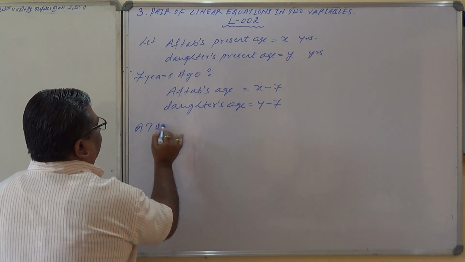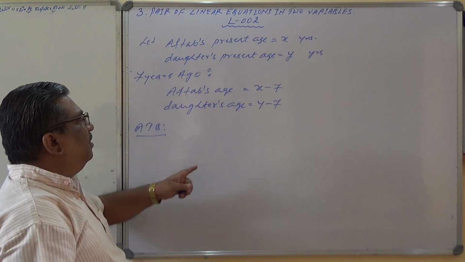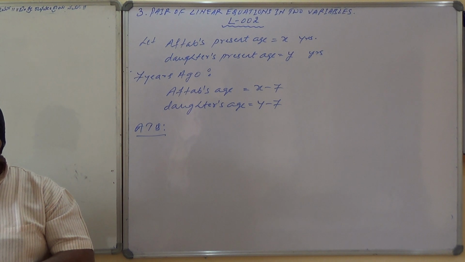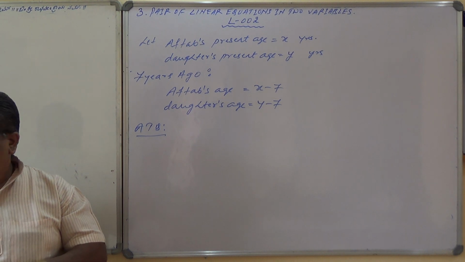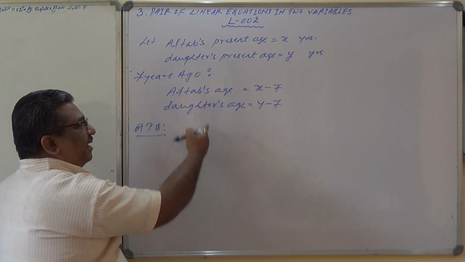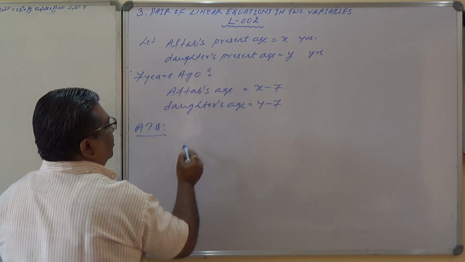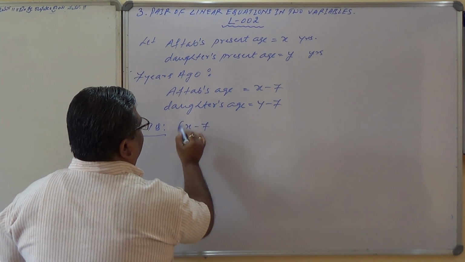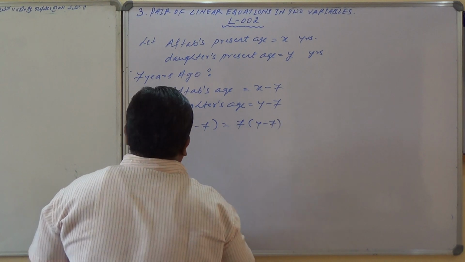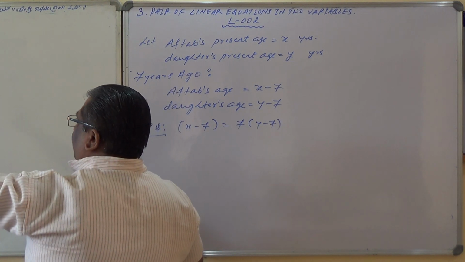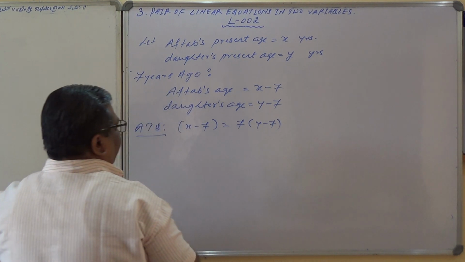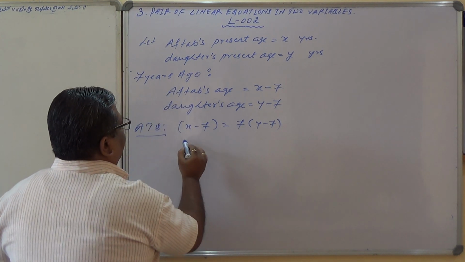According to the question, 7 years ago Aftab's age is 7 times his daughter's age. So x minus 7 equals 7 times y minus 7. Let me check it. 7 years ago, I was 7 times as old as you were then. Yes, it is correct.